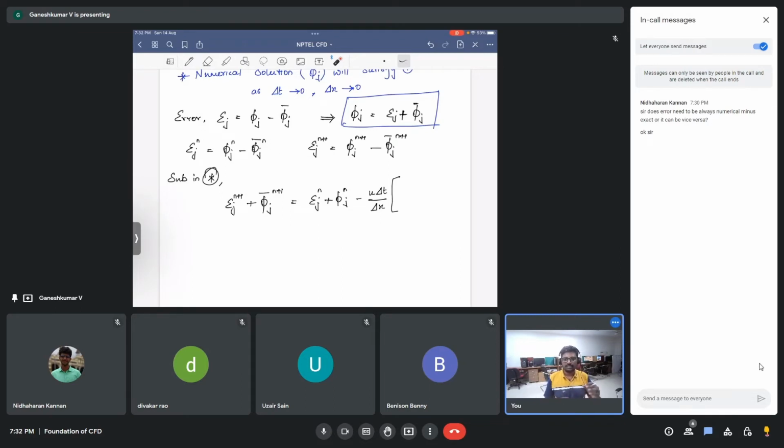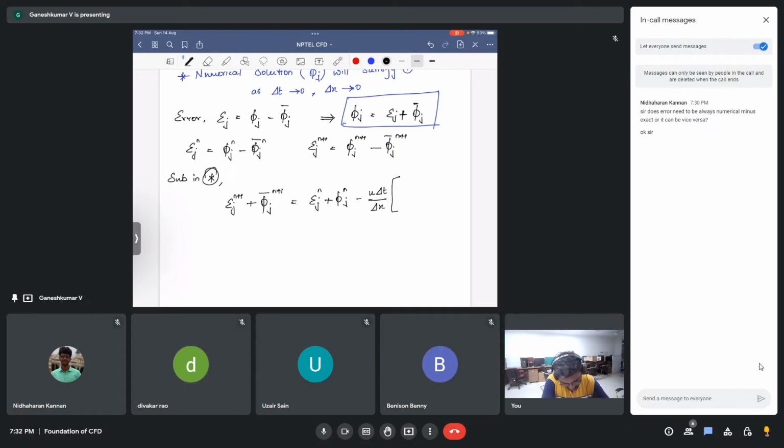It's just how close your solution is to the analytical. The error term is not dependent on the solution. It depends only on the scheme, and whether it increases or decreases is what we are going to find. Understood, sir. Thank you.